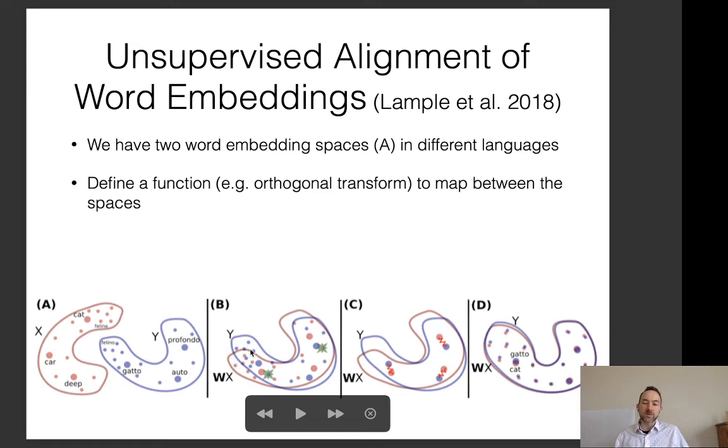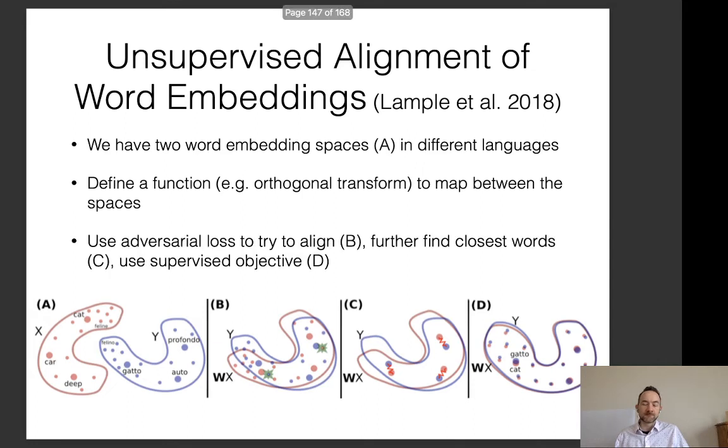The good thing about this is essentially this tries to match the two distributions as closely as possible so that the discriminator is not able to discriminate between the two. And this makes it possible to essentially, even without any aligned data between them, match the embeddings to some extent.